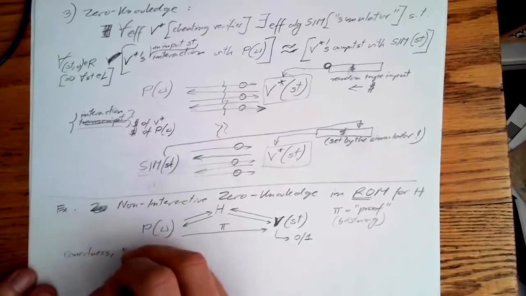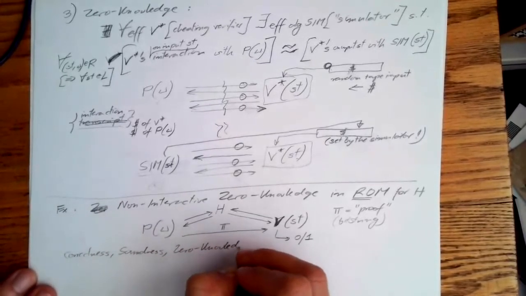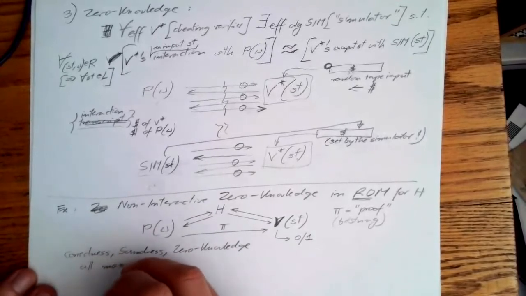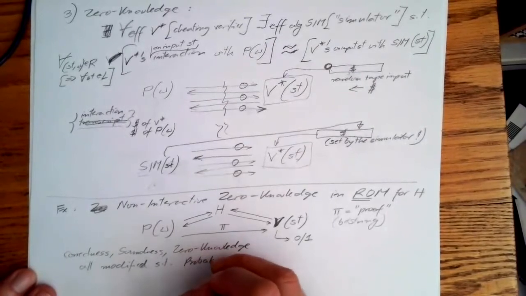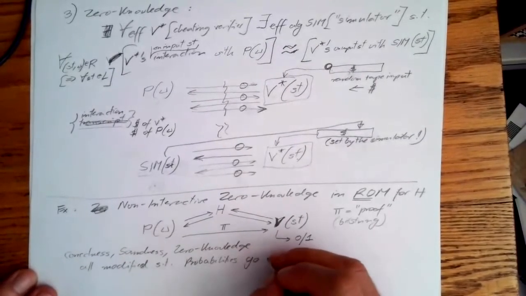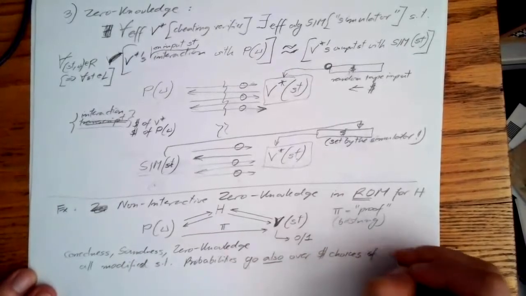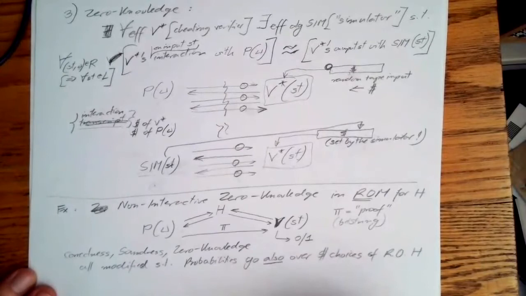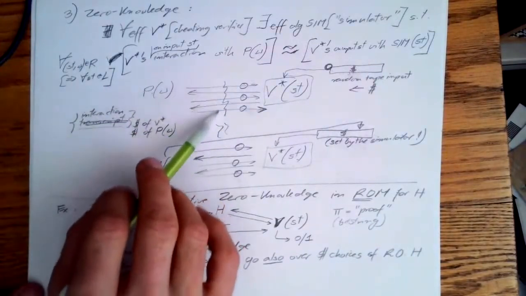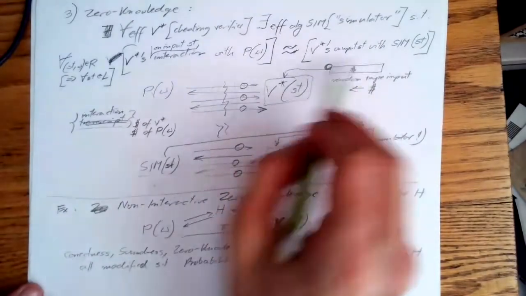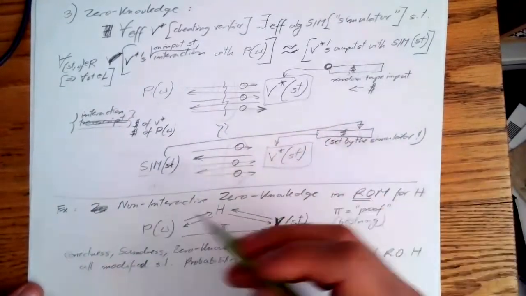Now, correctness, soundness, and zero knowledge are all modified so that probabilities go also over random choices of this random oracle H. For example, in the notion of zero knowledge, the transcript and the randomness in the real execution have to be indistinguishable from the transcript and randomness output by the simulator.